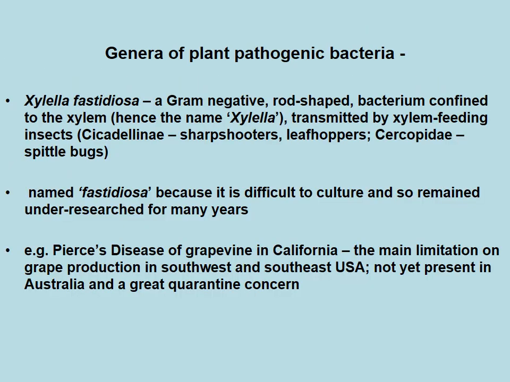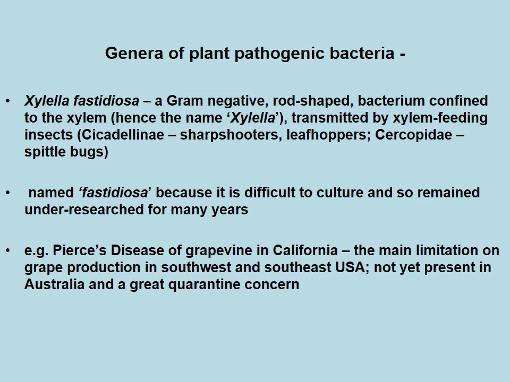Next, we have Xylella fastidiosa. This is a gram-negative rod-shaped bacterium which infects the xylem of the plant, hence the name Xylella. It's transmitted by xylem-feeding insects such as sharpshooters, leafhoppers, and spittlebugs. It was named fastidiosa because it's very difficult to culture in the lab, and so it remained under-researched for many years.